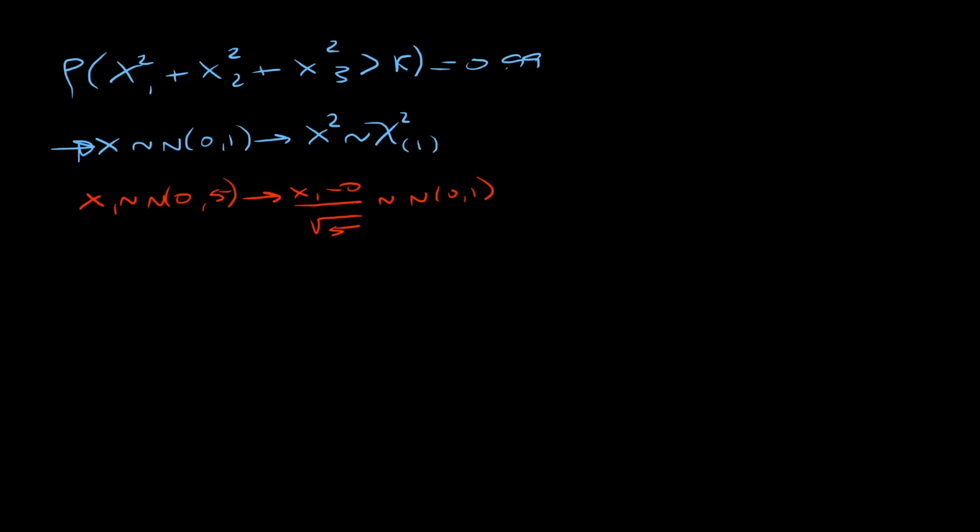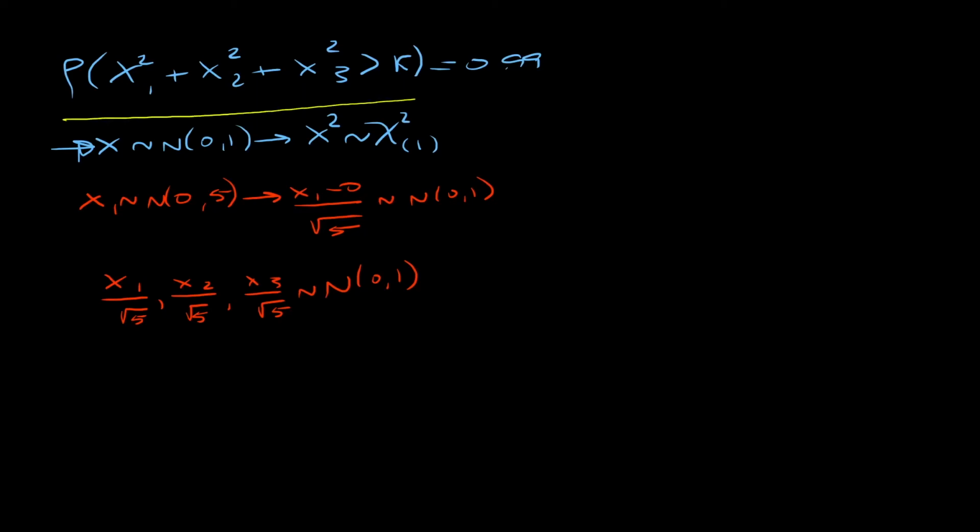And since all terms are the same, this also means that this holds true for all of them. So X1, X2, X3 all follow a normal distribution in standard form. The next step is to get the constant outside and get the expression in this form.